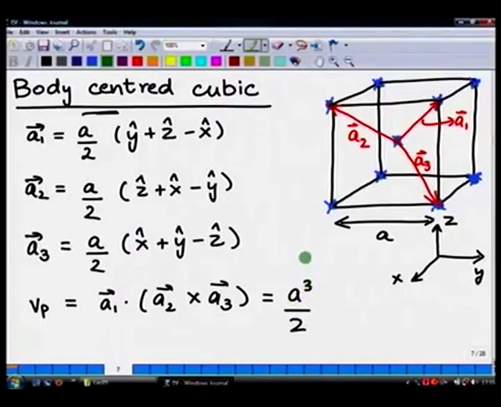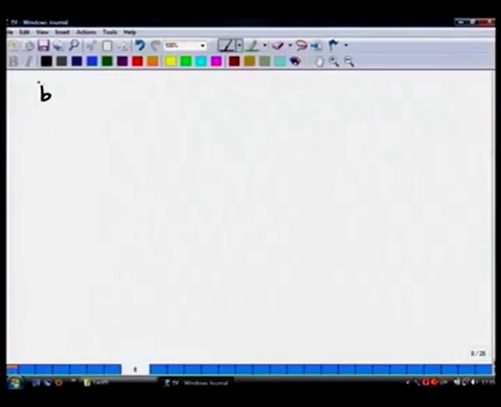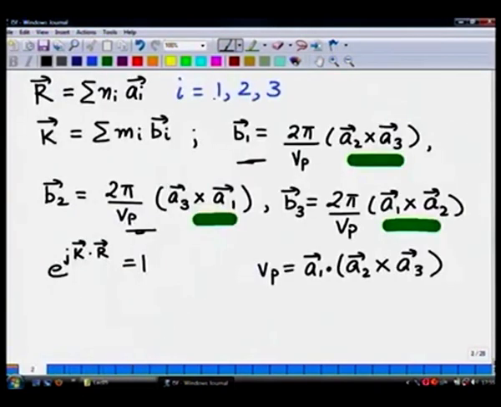With this, now let me write B1, B2 and B3. Again, you use the same formula, 2 pi by Vp times A2 cross A3.